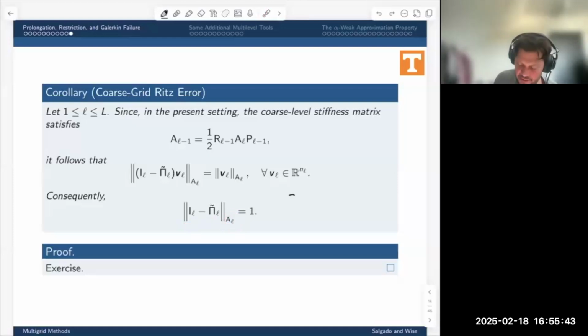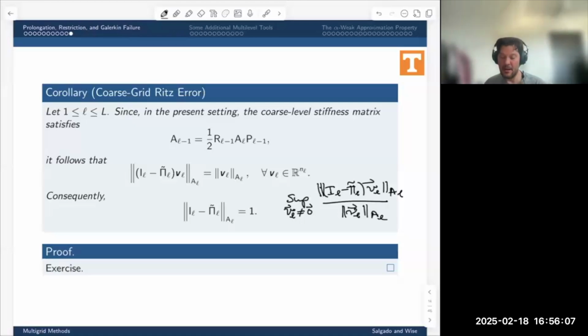So this would be defined as the supremum over all V_L not equal to 0 of the A_L norm of (I_L minus pi L tilde) V_L over the A_L norm of V_L. But by virtue of that, the numerator is always exactly equal to the denominator.